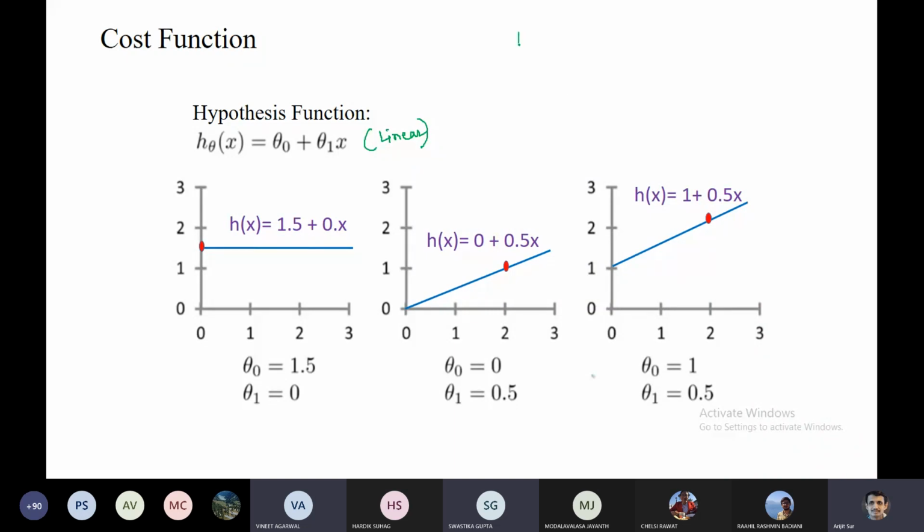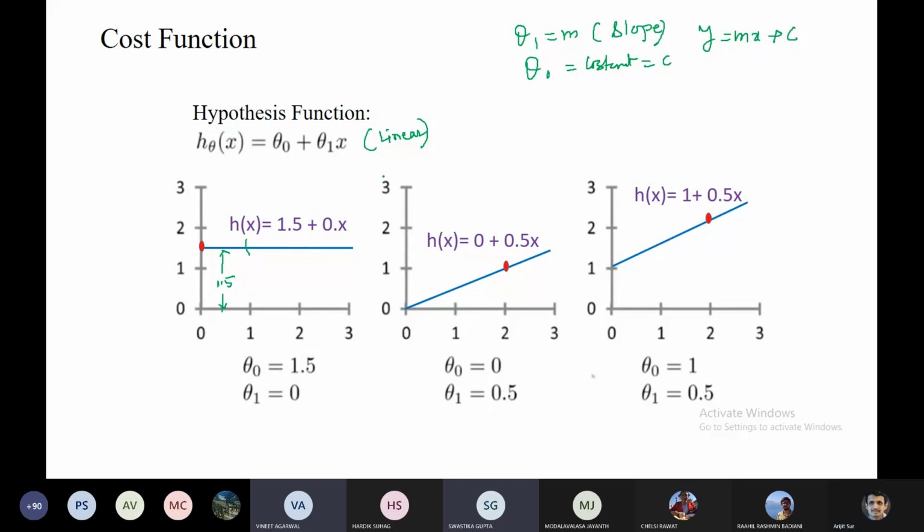For your understanding, theta 1 is basically the slope, and theta 0 is the constant term, that is c, in y is equal to mx plus c. Since theta 1 is m, the slope is 0, so it is a straight line, and this is 1.5, because theta 0 is equal to 1.5.